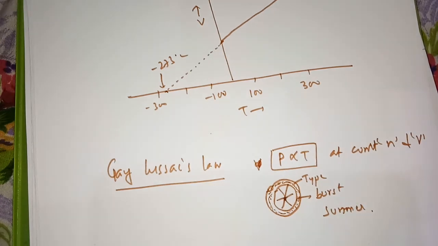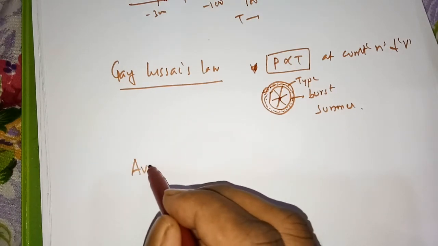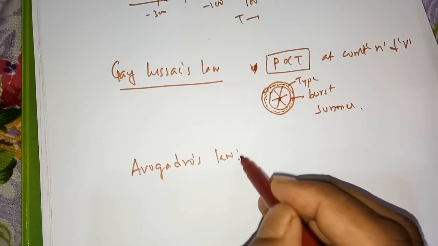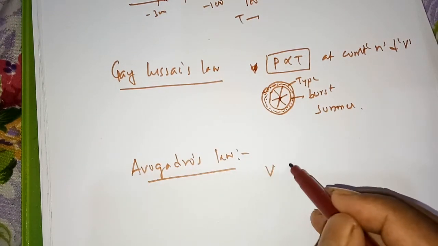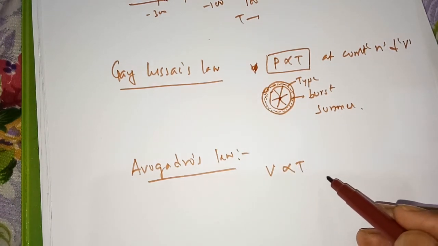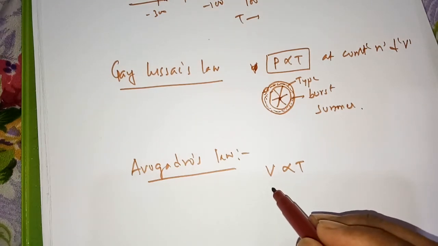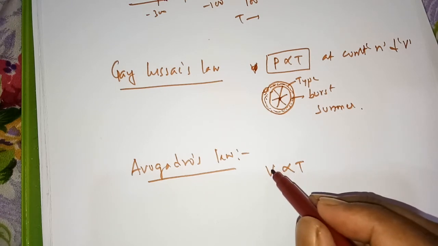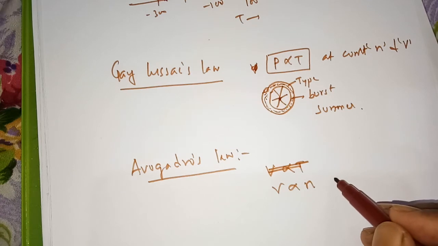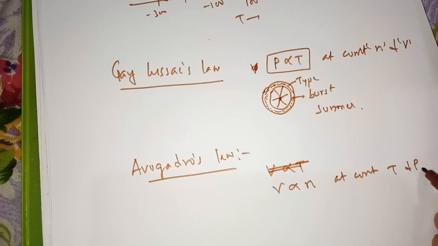Gay-Lussac's law. Another law that you require to know is your Avogadro's law. Avogadro's law tells that volume is directly proportional to number of particles at constant temperature and pressure.